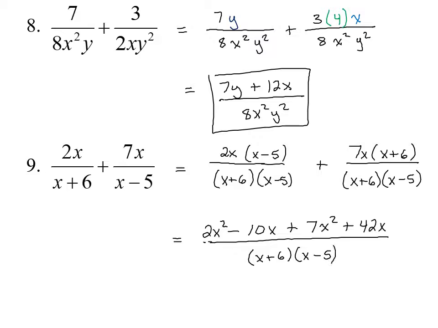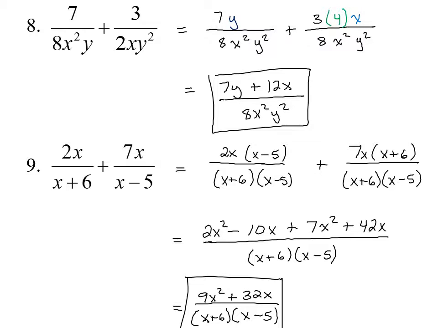Now, you never multiply the bottom out. Don't ever multiply the bottom out. But we do want to multiply the top out just to see if it'll simplify any. And so on top, I'll get a 9x squared and a positive 52x. And then we'll have x plus 6 and x minus 5. And that would be my answer.